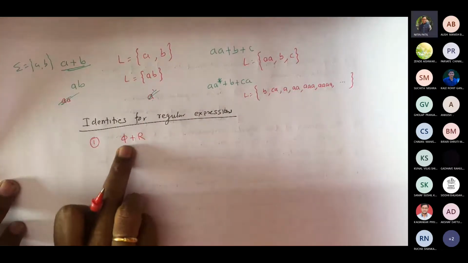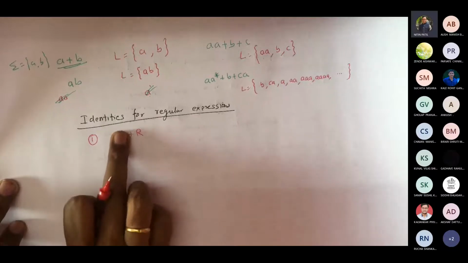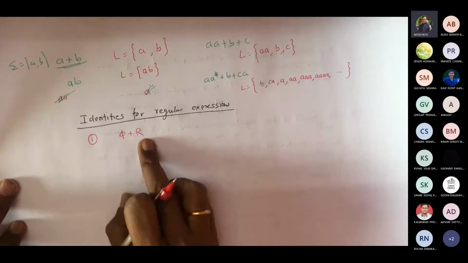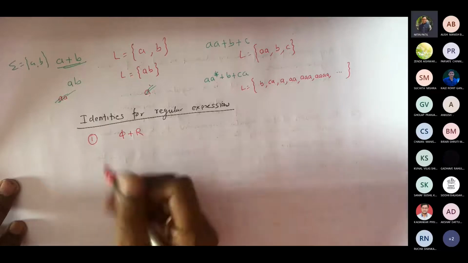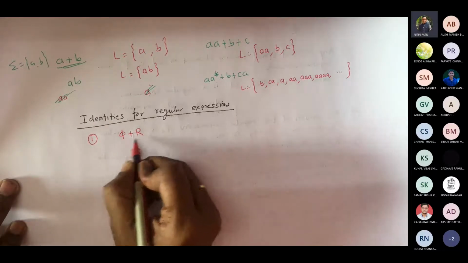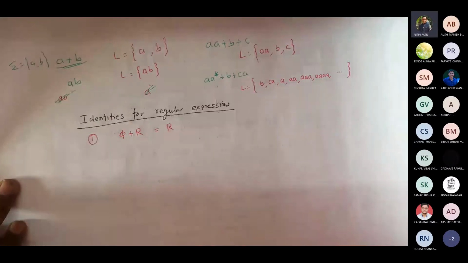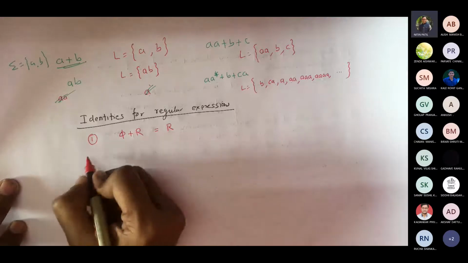It may accept phi or it may accept R. But if I remove this phi, ultimately it is going to accept this R. So whenever I am using this union operation with phi, this always is written as R. Union operation with phi, this always will remain there. Okay. Second property.